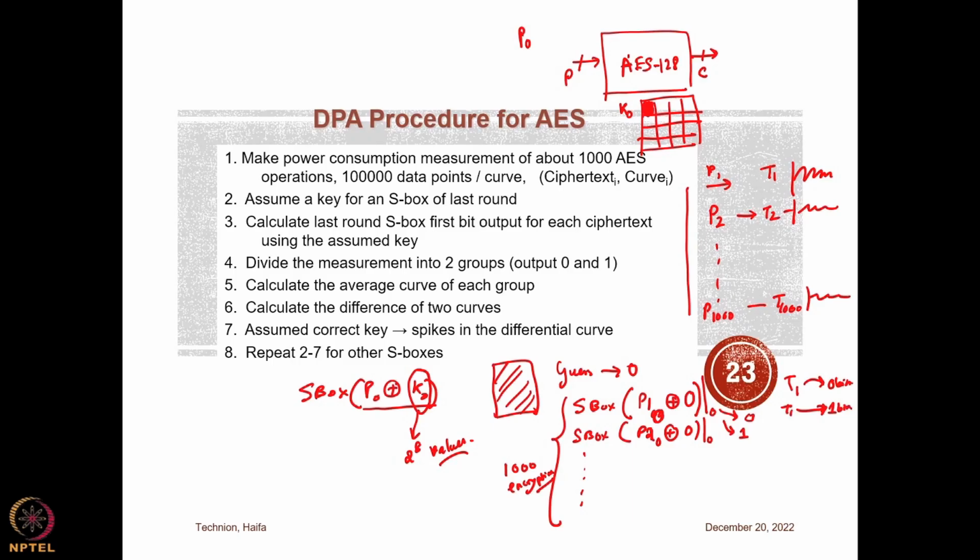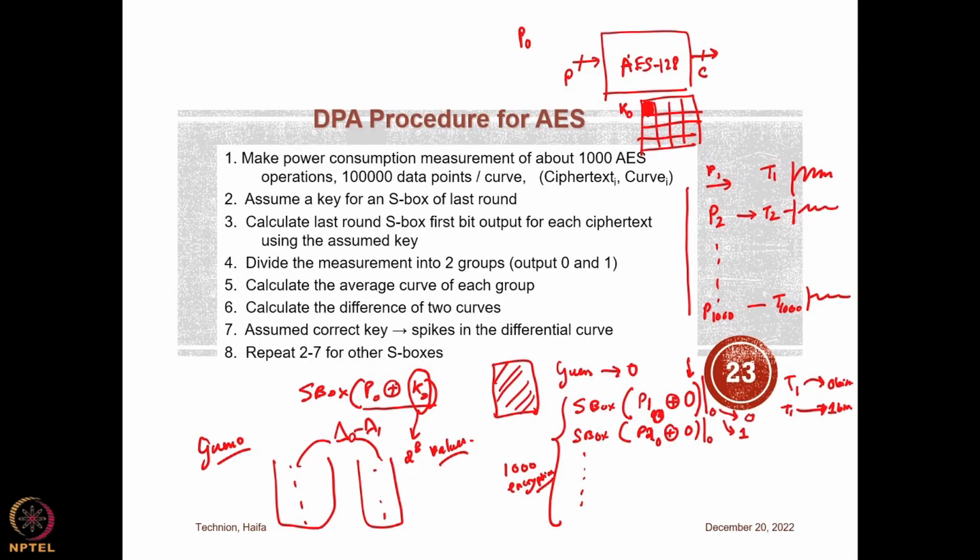So at the end of the day, based on this guess 0, I will have the 0 bin containing some traces and the 1 bin containing some traces, right? And I find out the difference of means. I calculate this delta 0 minus delta 1 for this guess 0.